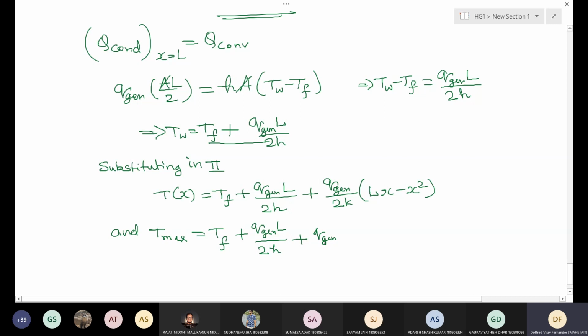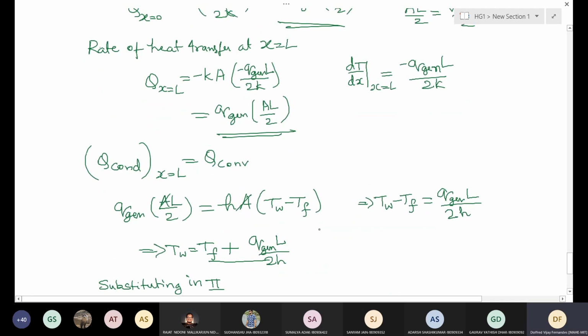Q generation divided by 8K, and this is L squared. Okay, so almost everything is done for this case, right? So many formulas, but very easy to remember. Okay, the manipulation, this one.